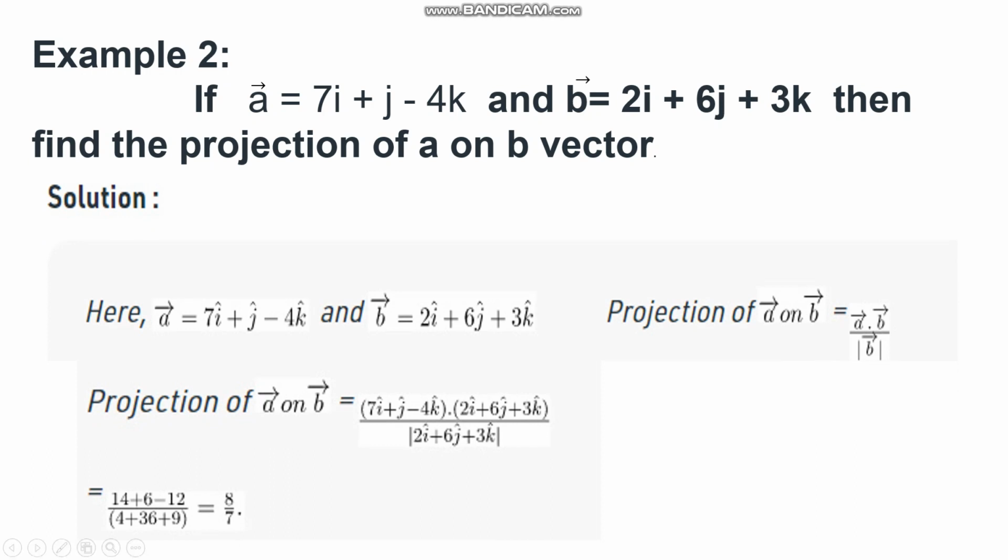So 7 times 2 is 14, and for j, times 6, we have 6, because j has a coefficient of 1, so 1 times 6 is positive 6.